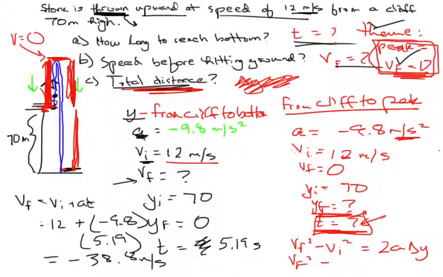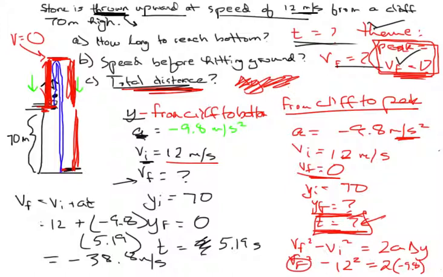Your initial velocity is 12, equals 2 times your acceleration, negative 9.8. And then delta y, what's your delta y? Oh, and sorry, your v final is 0. There you go.